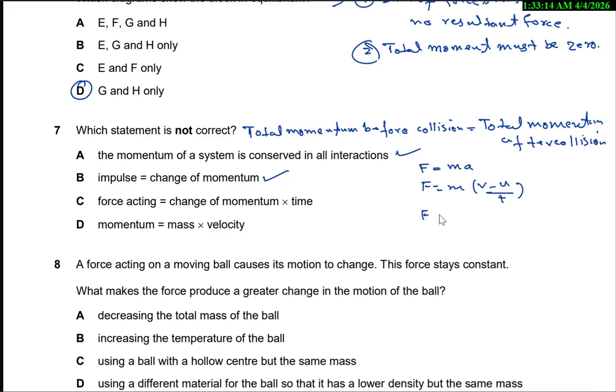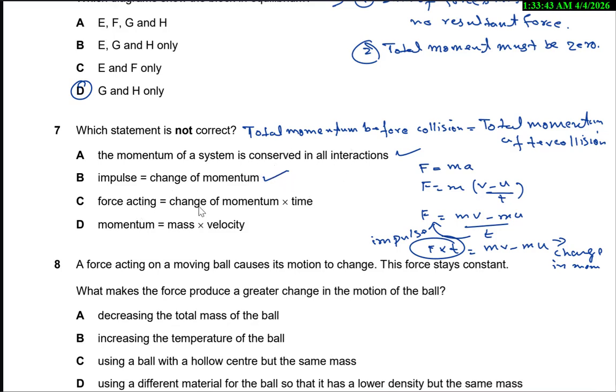So it means here we get the equation mv minus mu divided by time. So force multiplied by time equal mv minus mu. This is called impulse, and this is called change in momentum. So option B is correct.